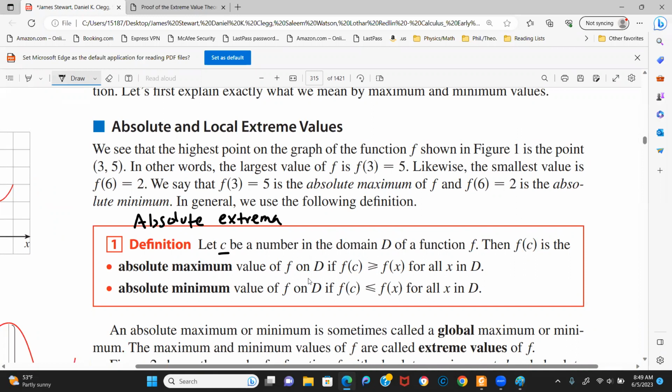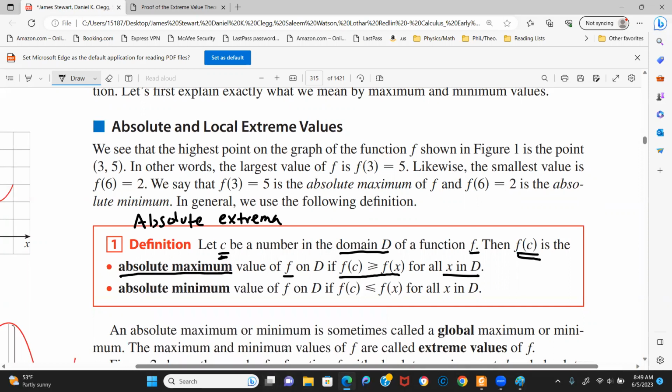So you have a number c in the domain of the function f, and then f of c is the extreme value, which could be either a minimum or maximum. And you call it an absolute maximum of the function f if f of c is bigger than all of the outputs. So f of c is bigger than f of x for every x in the domain.